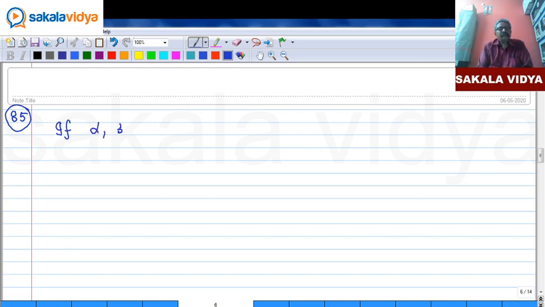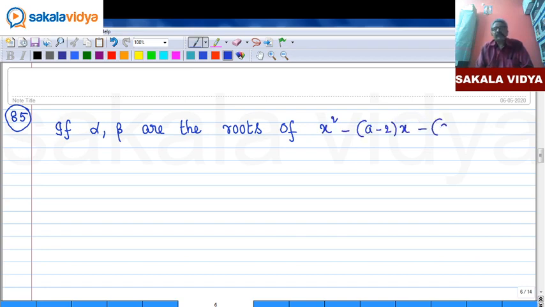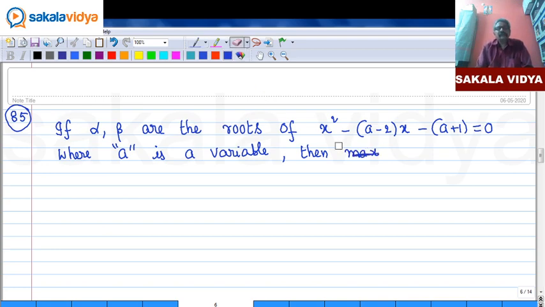If alpha, beta are the roots of x square minus of (a minus 2)x minus of (a plus 1) equals 0, where a is a variable, then the maximum, then the minimum value of alpha square plus beta square.